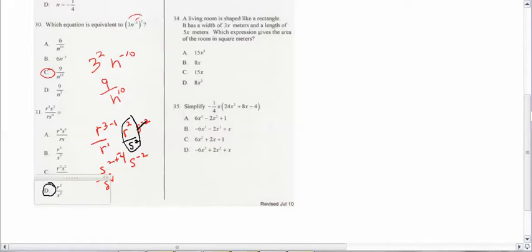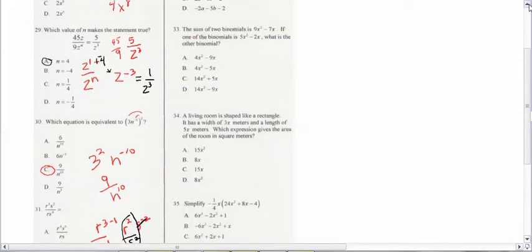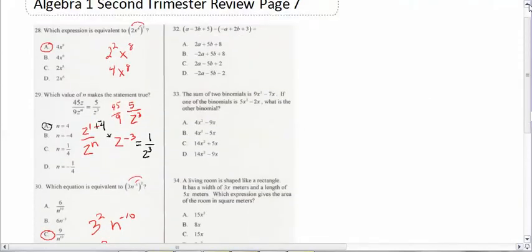Okay, now go back to page number 32. We are going to combine like terms. This is a subtraction problem, so we're going to keep this, change this to addition, change this to positive, change that to negative, and change that to negative.